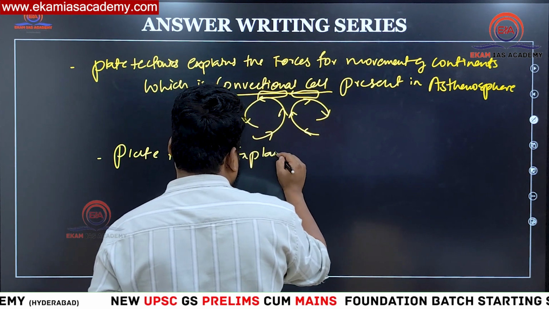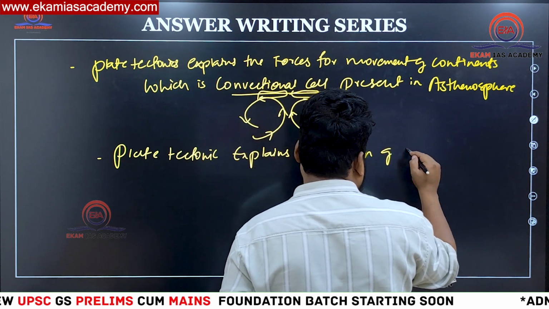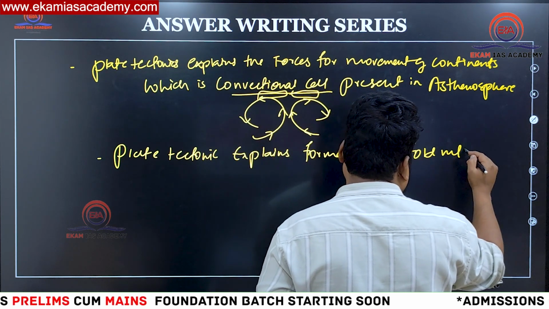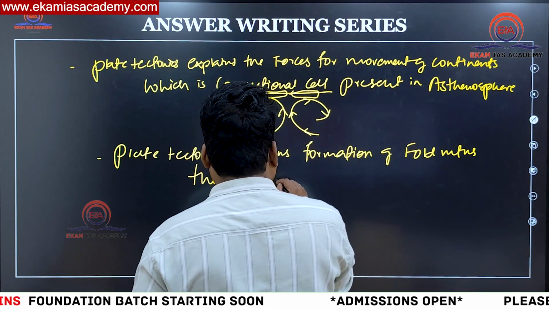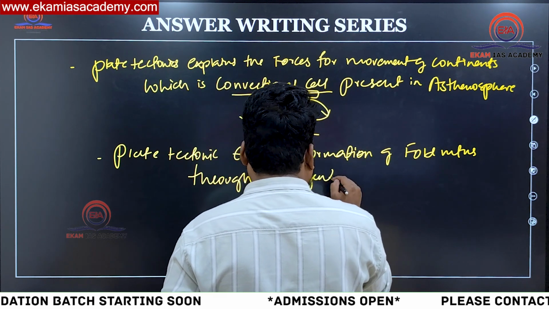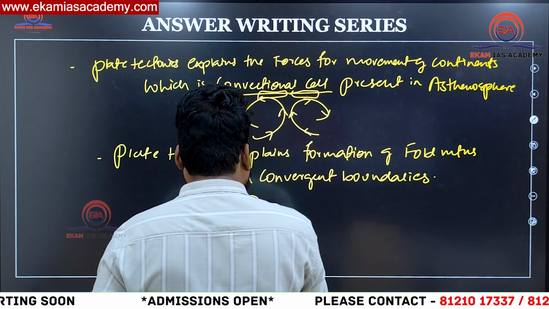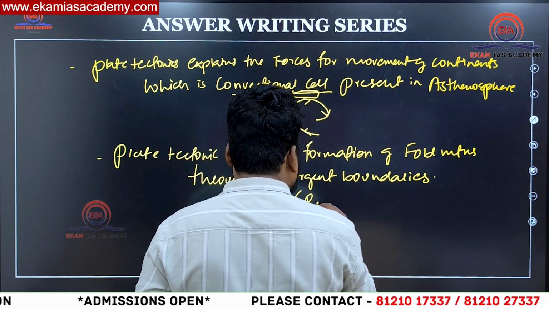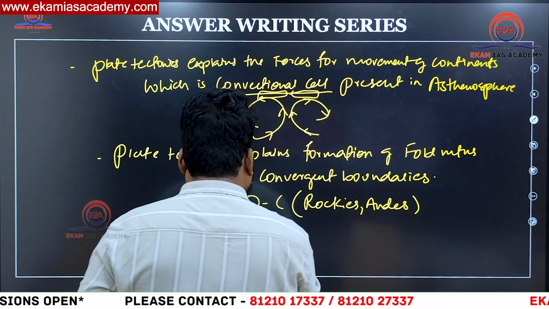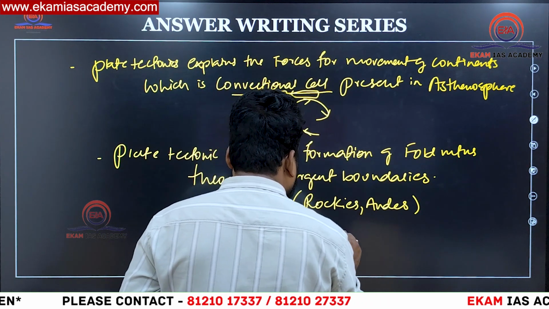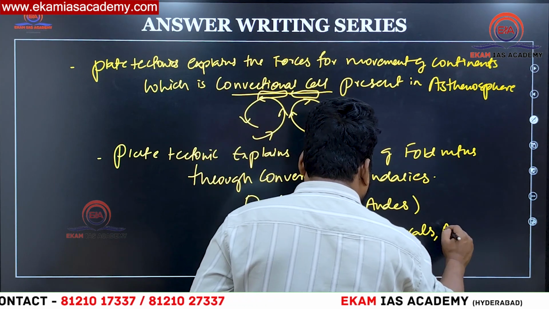And plate tectonics explains formation of fold mountains through convergent boundaries. Like oceanic-continental convergence has resulted in the Rockies and Andes, and continent-continent convergence has resulted in the formation of the Himalayas, Urals and Alps.